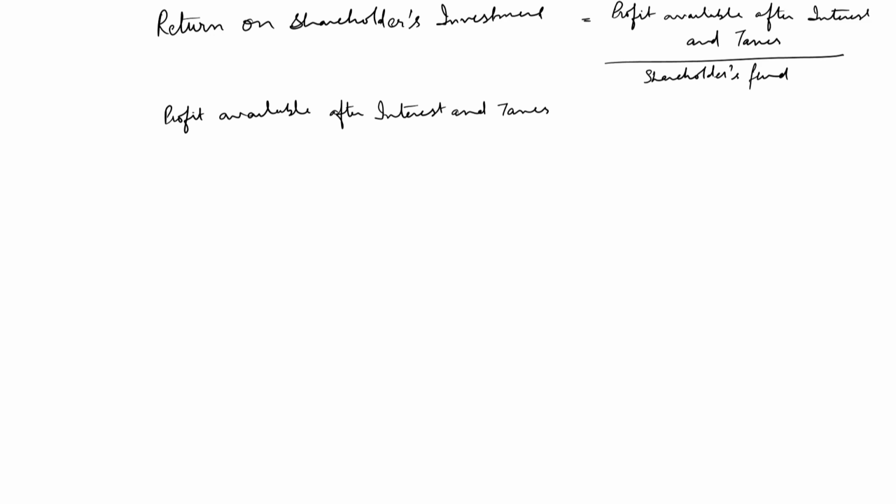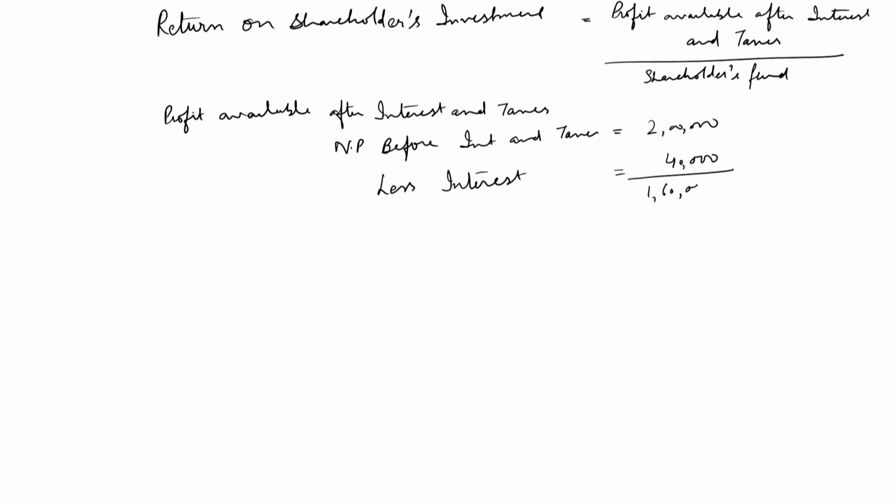As we are given in the question, net profit before interest and taxes is amounting to rupees 2 lakh. First we deduct out of it the amount of interest paid as given in the question, 40,000.